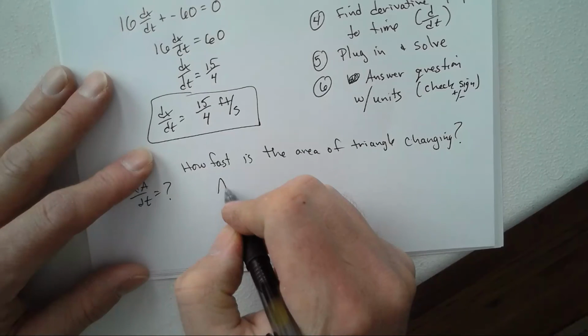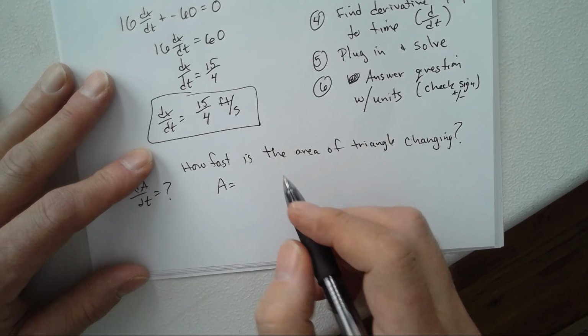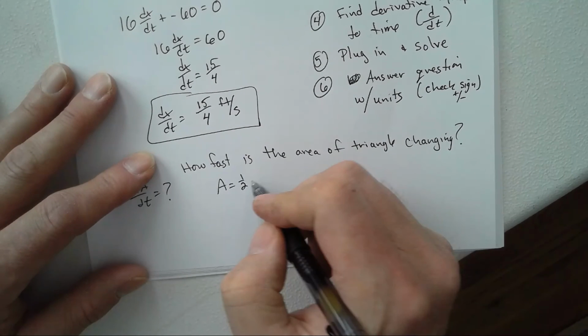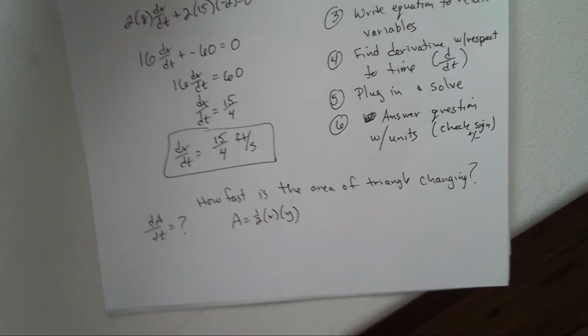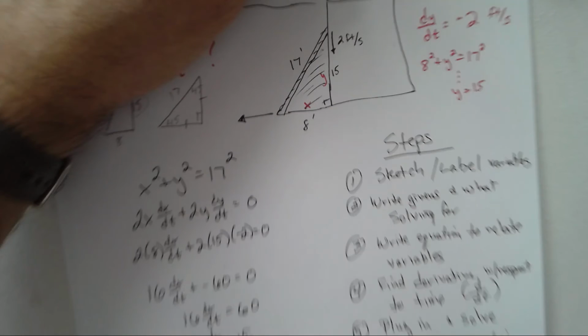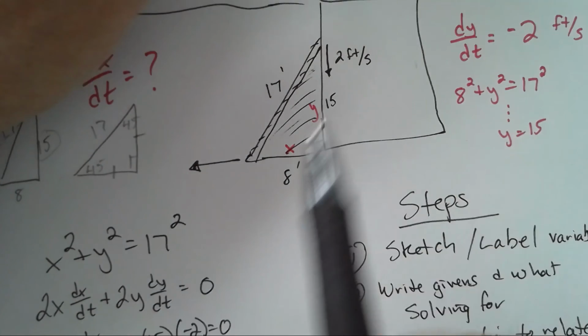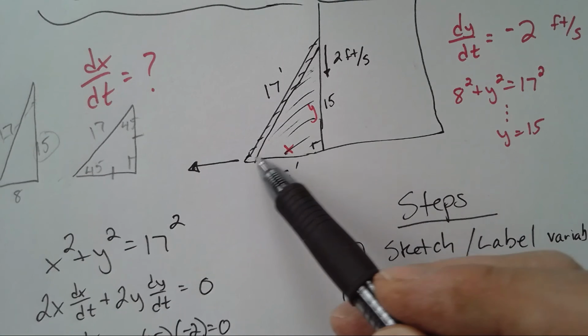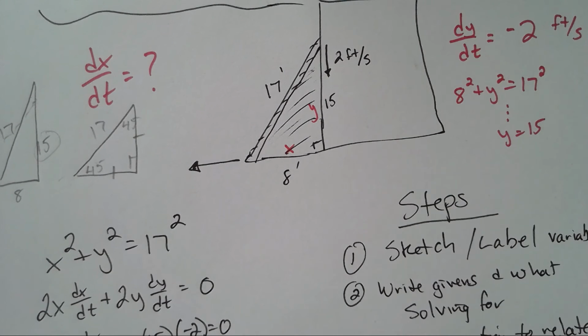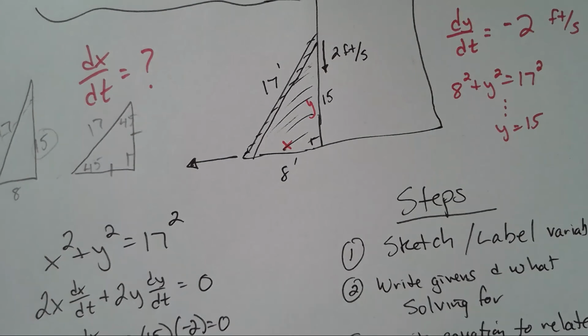The area equation is 1/2 base times height. In this case, it's 1/2 x times y. So remember, we don't know x and y. x and y are always changing. We know them at exactly one point, but they do always change. So those are variables. So 1/2 base times height is the equation that we'll use for our area.